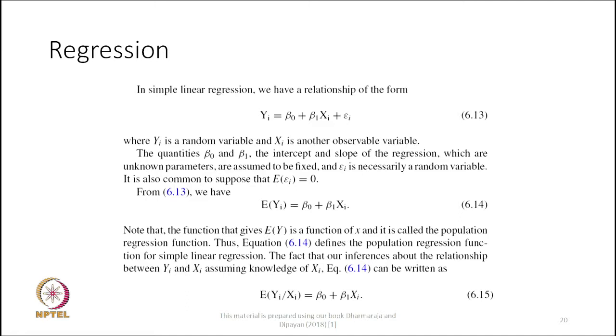When you take the expectation on equation 6.13, you will get beta naught plus beta 1 times xi. So, the expectation of yi, the expectation of y, is a function of x, and it is called a population regression function. And the way we have written yi in terms of xi's, this is called the simple linear regression.